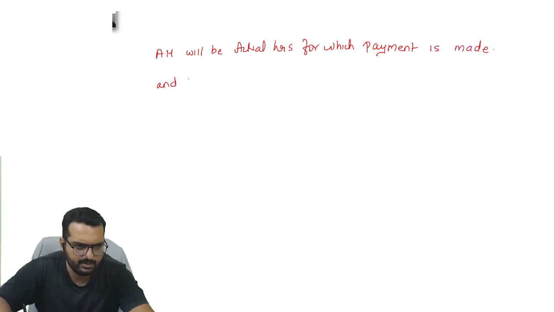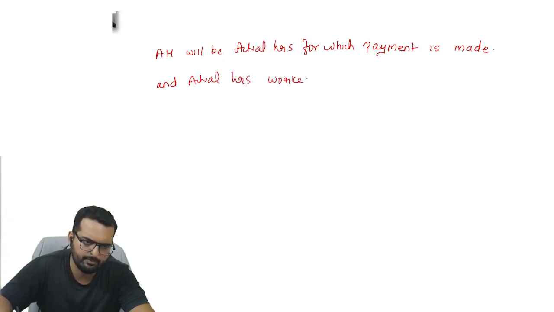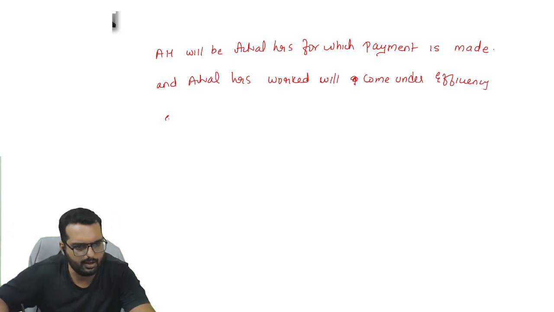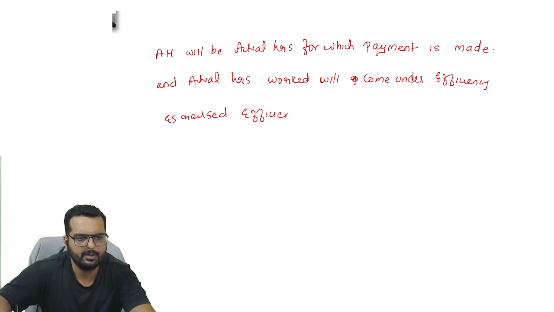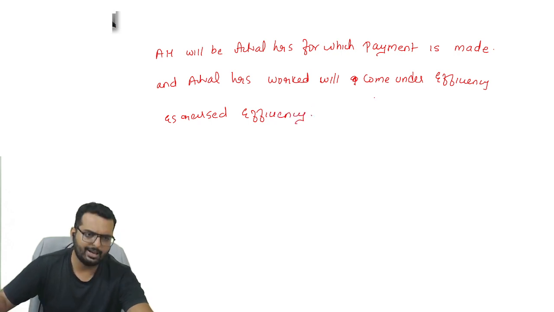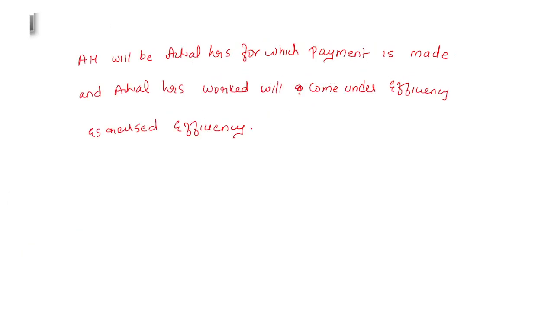Okay, and actual hours worked will come under efficiency as revised efficiency. Okay. Devika, I believe your doubt is also clarified now. Please write down this and finish it off.